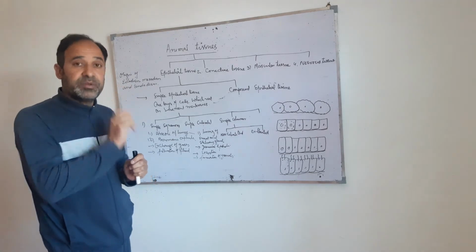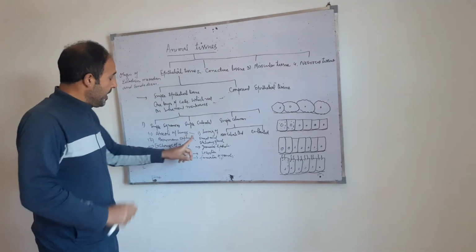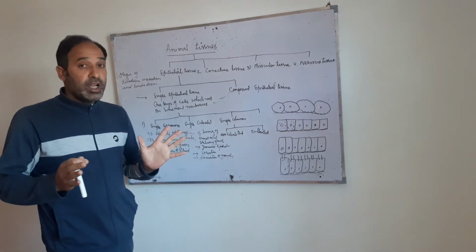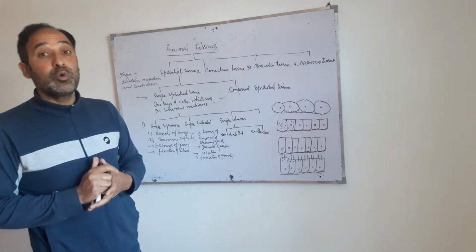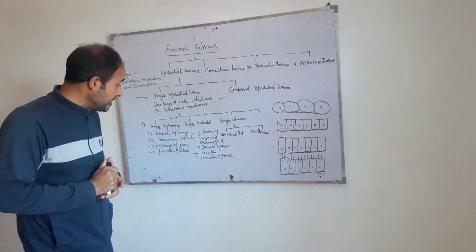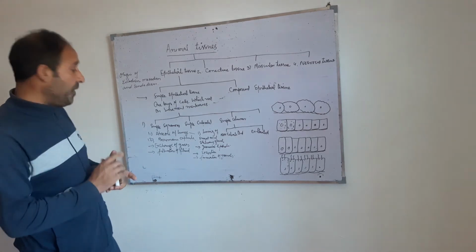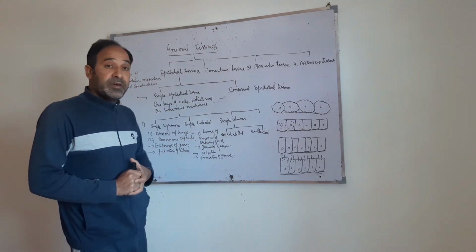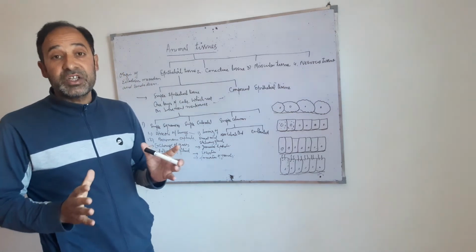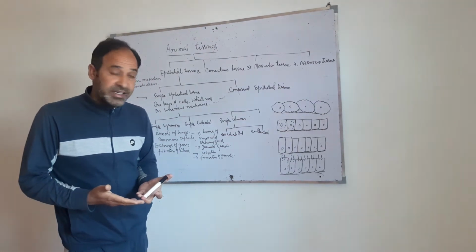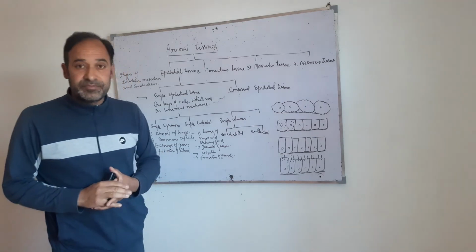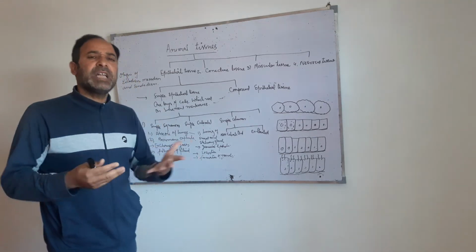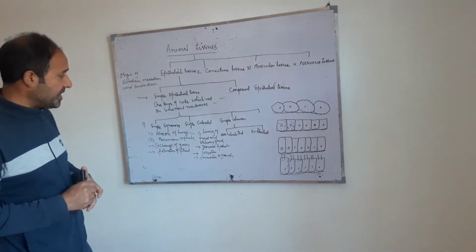The function of the germinal epithelium is to produce the gametes, male and female. In sweat glands and salivary glands, it helps in the secretion of sweat and saliva. There may be other functions, but these are the major ones.